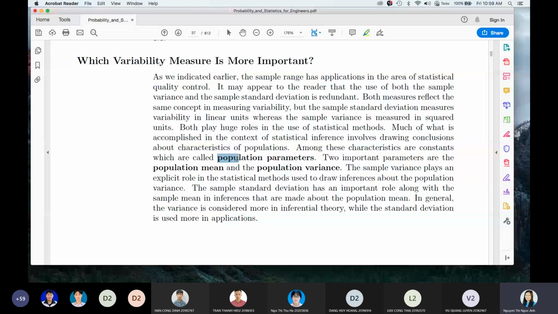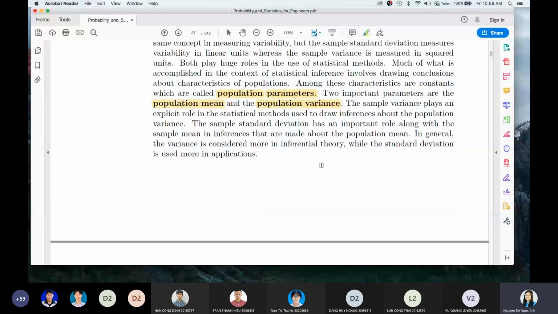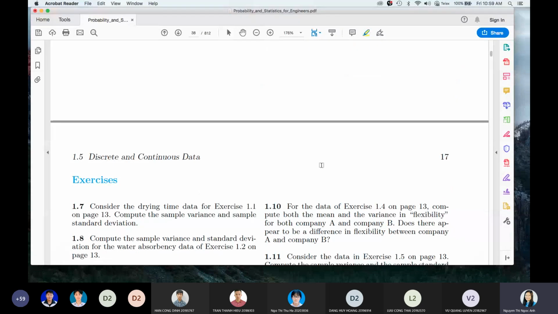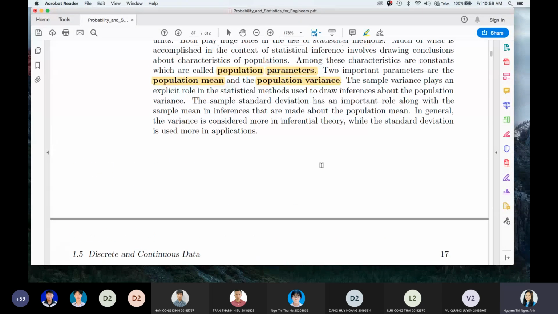From the population, we have several population parameters. We want to know the population mean and population variance. However, we can't have all the data of the population, so we use a sample. We take a random sample, or some way we have data called a sample.